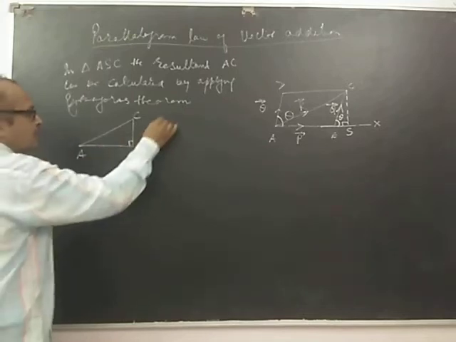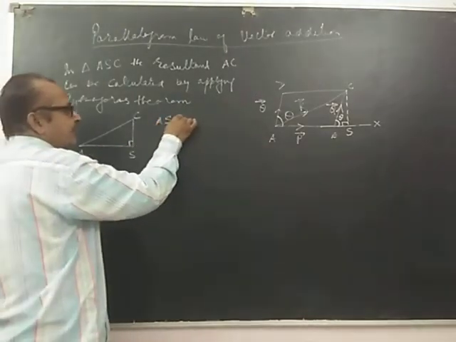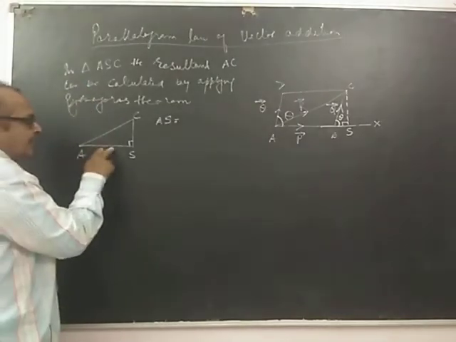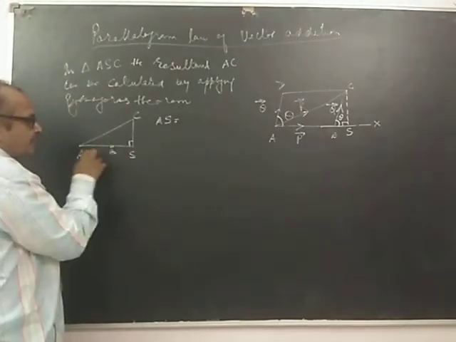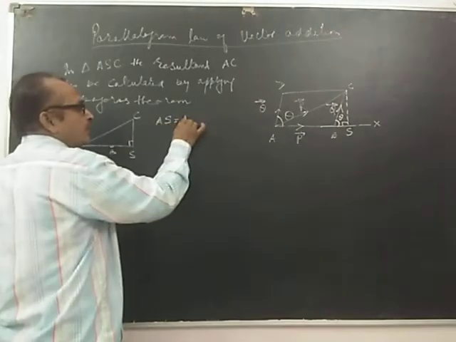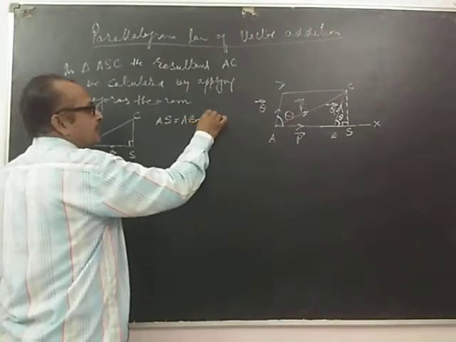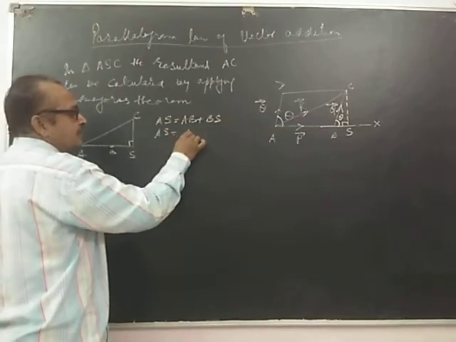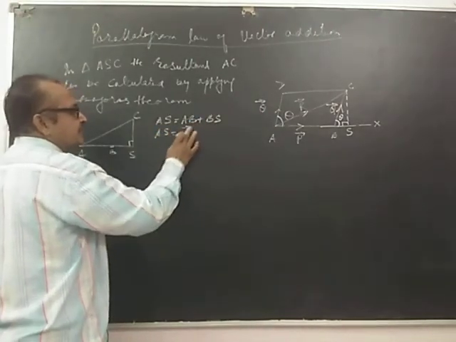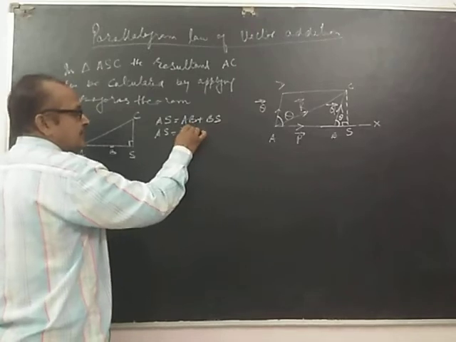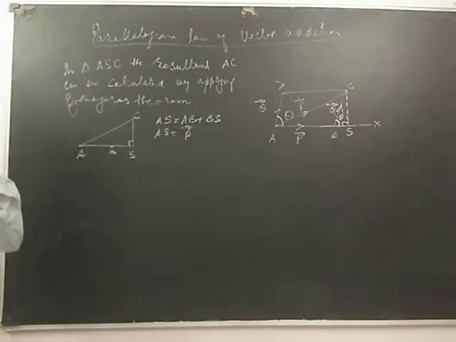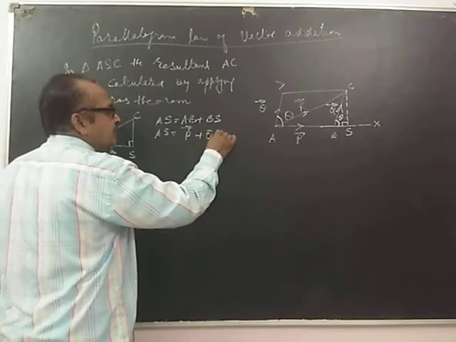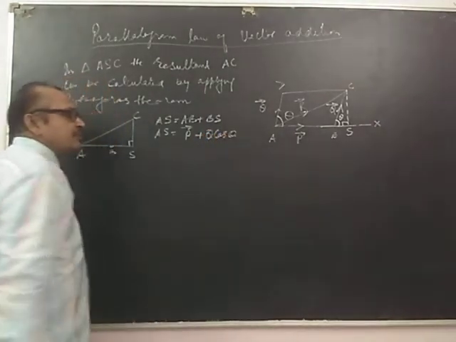This is ASC. Now you all know what is AS. Now AS will be your AB plus BS. So what is AB? That you have already taken as P, and BS you have calculated as Q cos of theta.